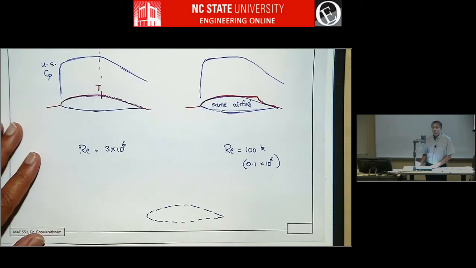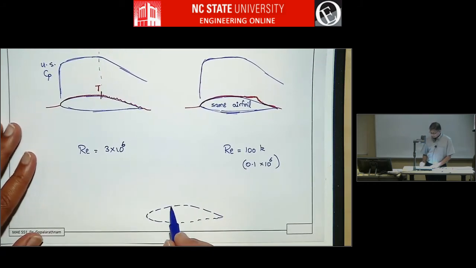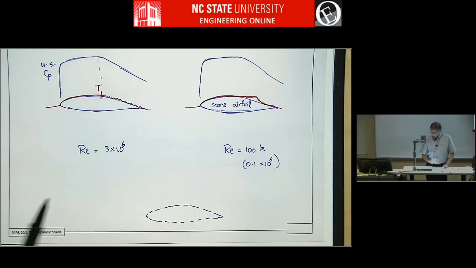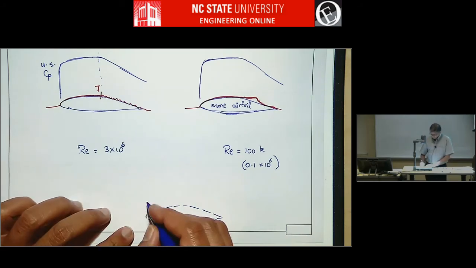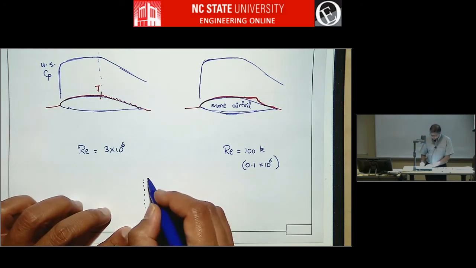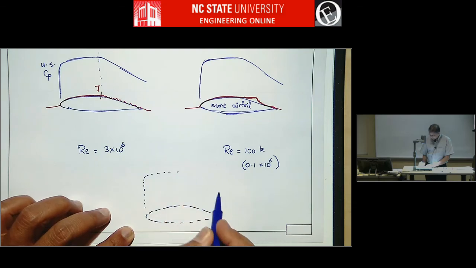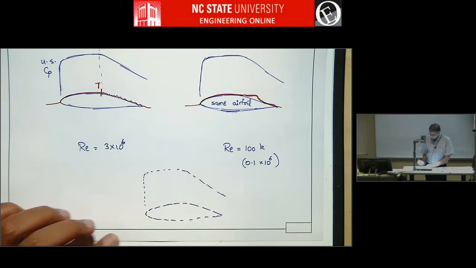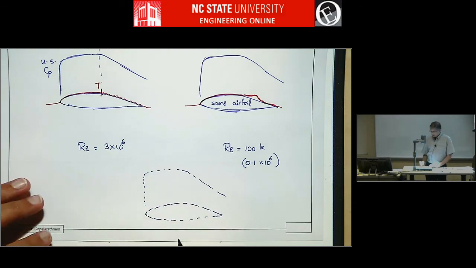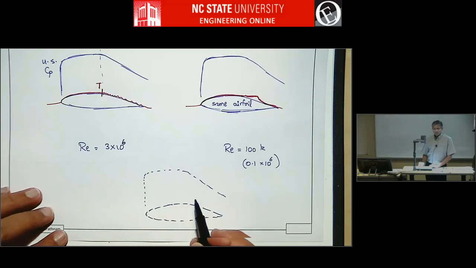I'm only going to bother about the upper surface in this discussion. Now this airfoil with a dashed pressure distribution was like this, right? Now at low Reynolds numbers we don't want this.